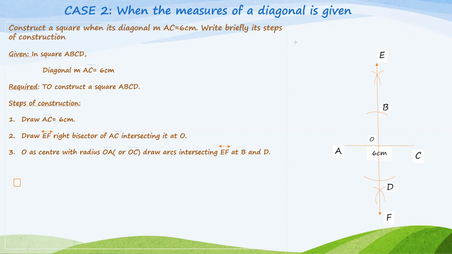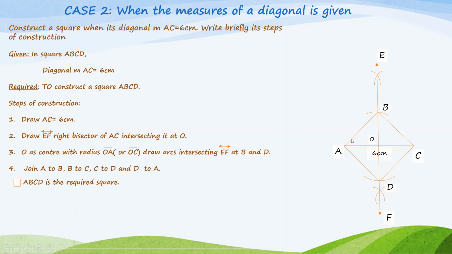Here you get, finally, the last step of construction: join A to B, B to C, C to D, and D to A. So square ABCD is our required square.